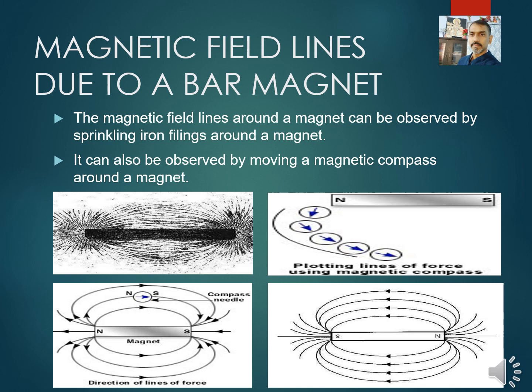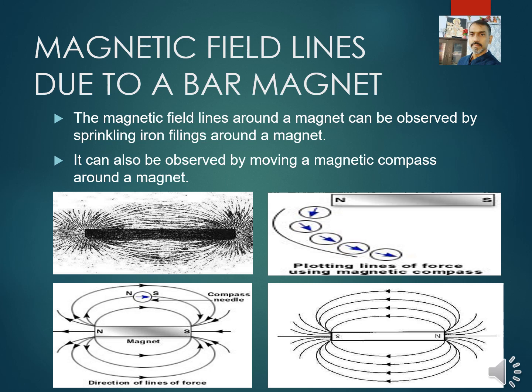The iron filings arrange themselves in a pattern as shown in the figure. Why? Because the magnet exerts its influence in the region surrounding it. Therefore, the iron filings experience a force. The force thus exerted makes the iron filings arrange in a pattern. The lines along which the iron filings align themselves represent magnetic field lines.